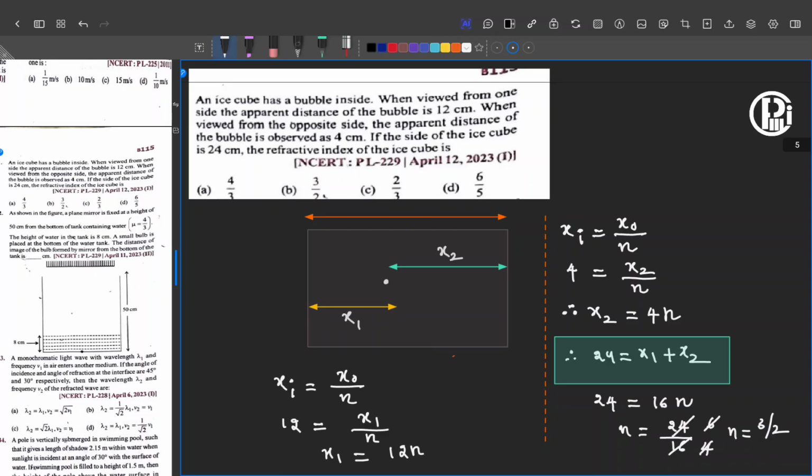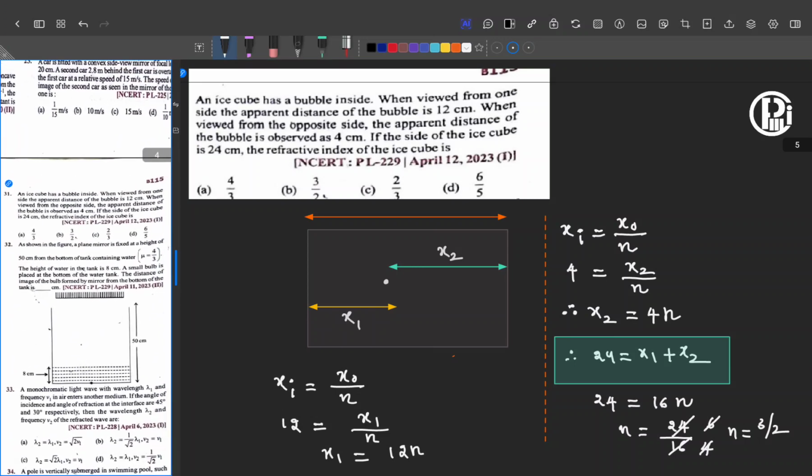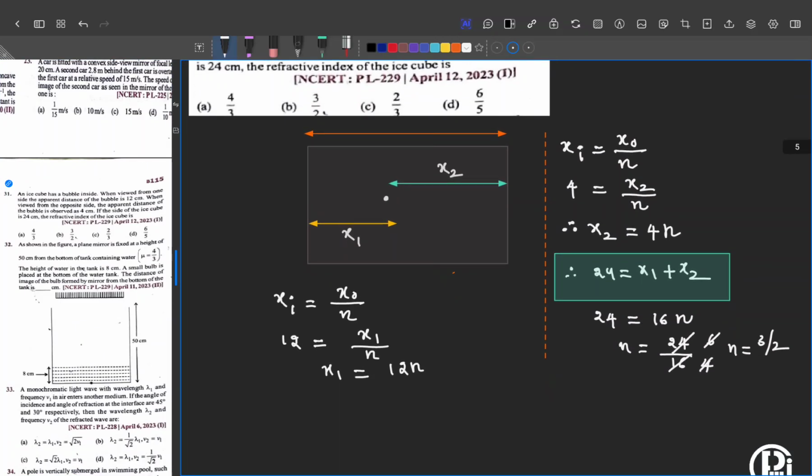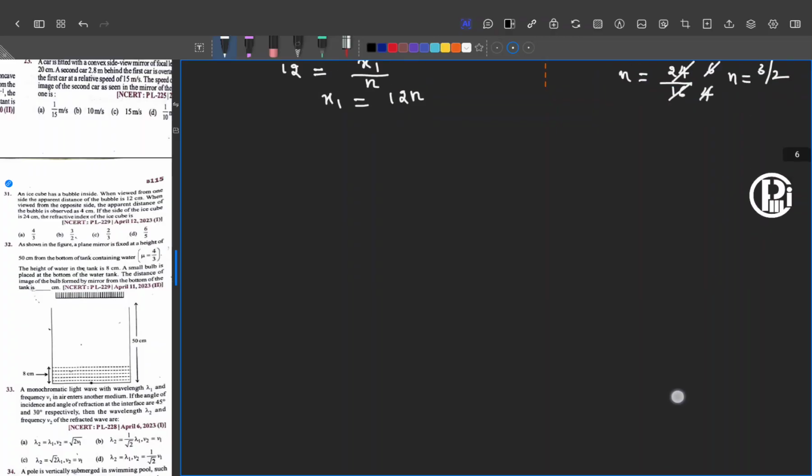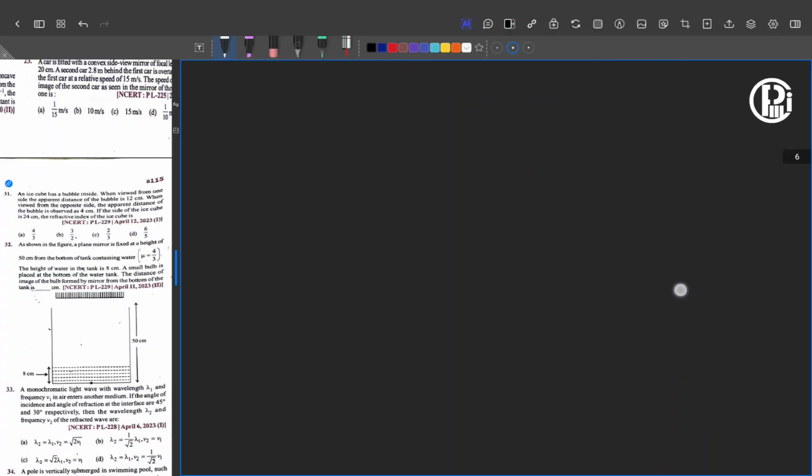Clear? So next, solve problem number 32. Sorry, not 34, question number 32. That is also a refraction concept, refraction on a plane surface.